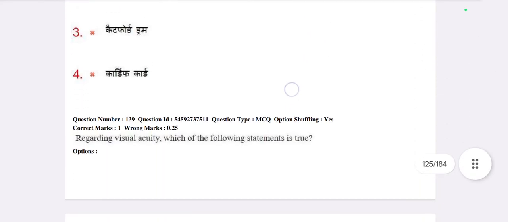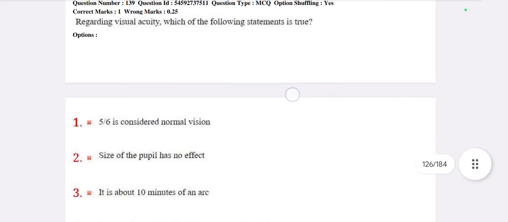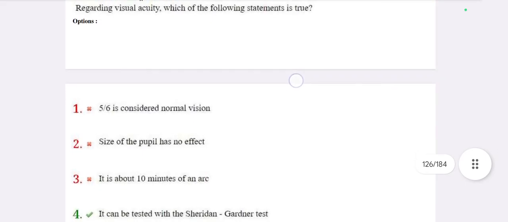Our next question is, regarding visual acuity, which of the statements is true? Options are: 6 by 6 is considered normal vision. Second, size of the pupil has no effect. Third, it is about 10 minutes of an arc.